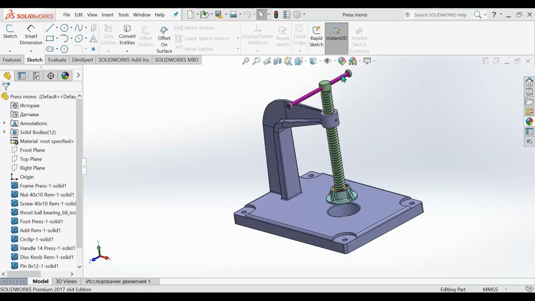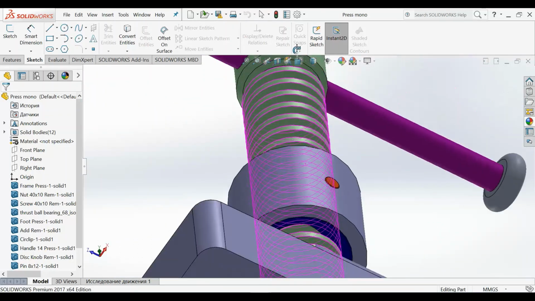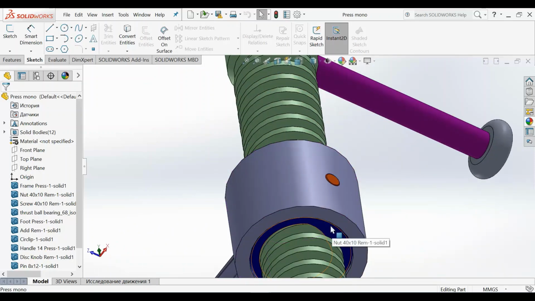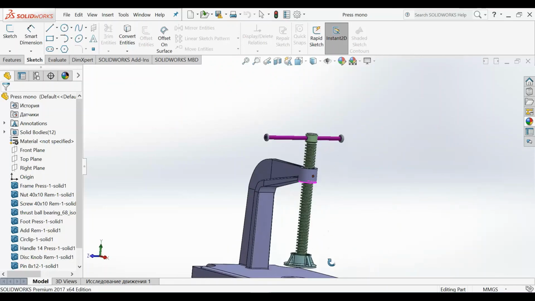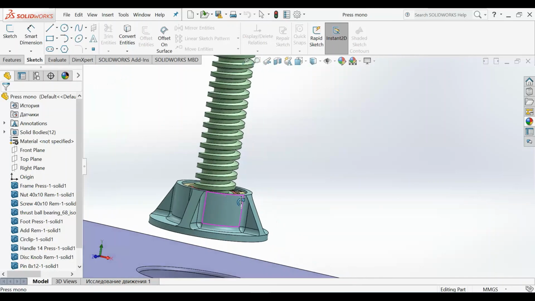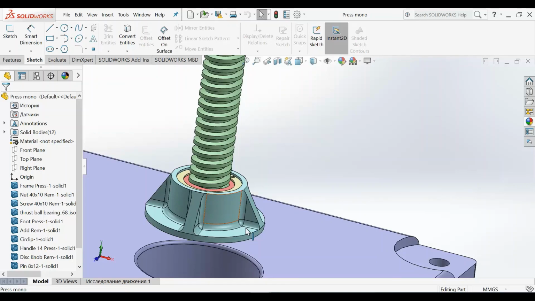The same, we have a handle, screw, nut, this blue one is the nut, pin, and a foot with a ball, thrust ball bearing. The same as in the bearing remover.